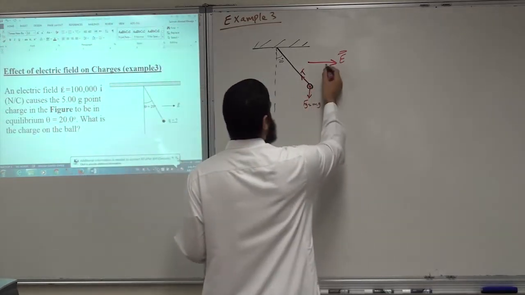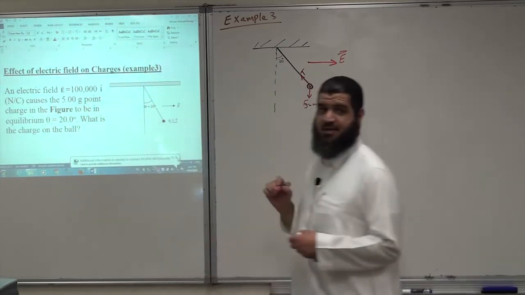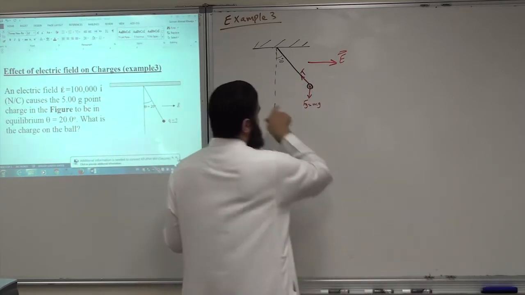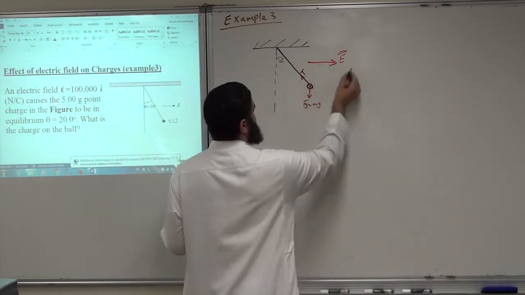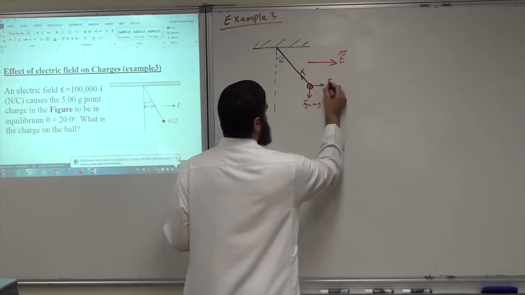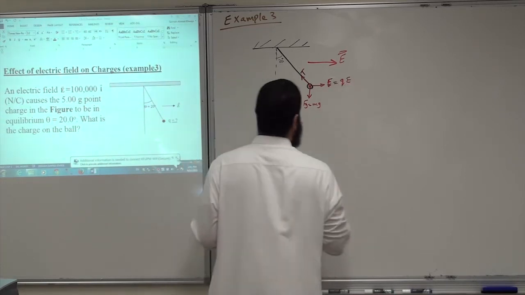Of course, because it is a charged particle, there is electric force on it. And we can notice that the electric force is pulling it in the direction of the electric field. So the force F electric is to the right, and this is QE.